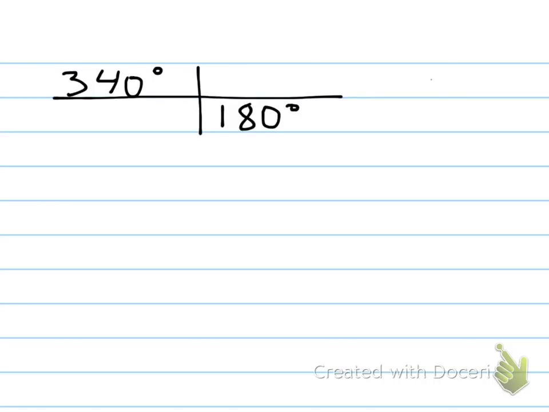Last one, so let's say we have 340 degrees and we want to convert that to radians. So I want my degrees to reduce, so I need my degrees in the bottom. My pi is in the numerator.